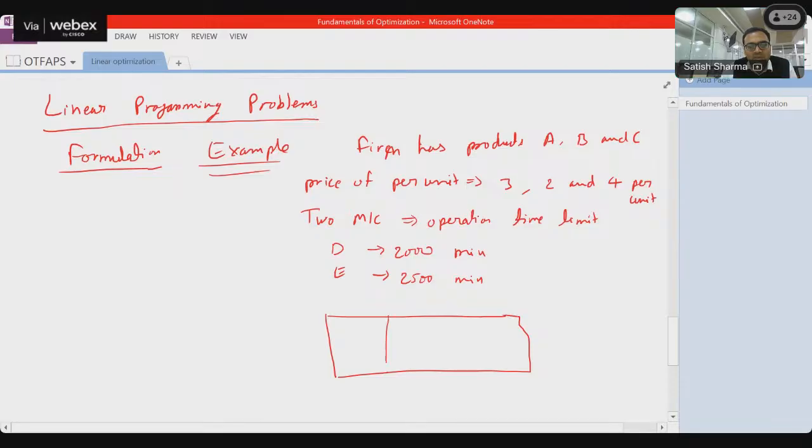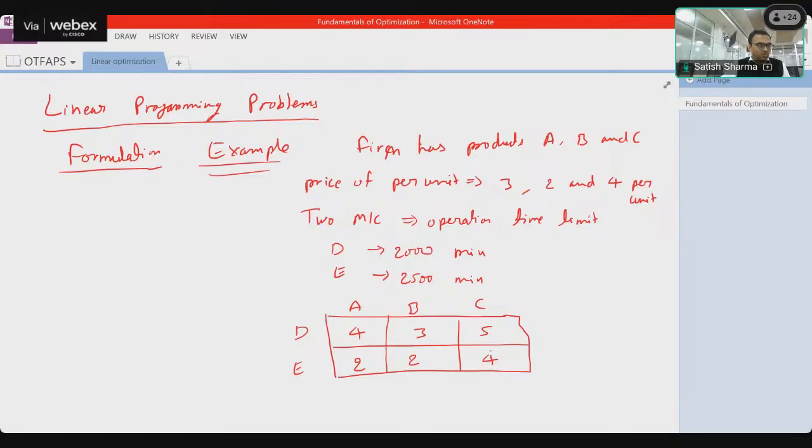Let's say machine D, machine E, product A, product B, and product C. It takes 4 minutes to produce product A, 3 minutes to produce product B, and 5 minutes to produce product C. Similarly, let's say 2, 2, and 4 are the minutes needed by machine E to produce products A, B, and C.